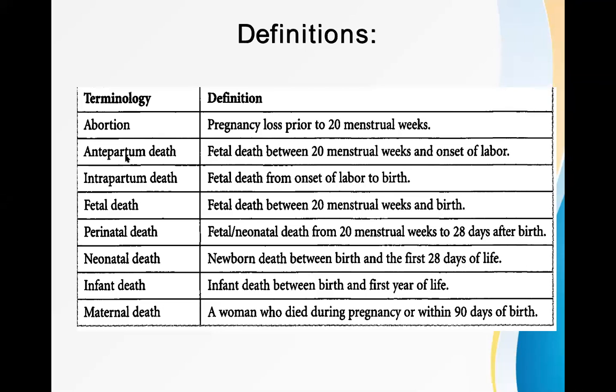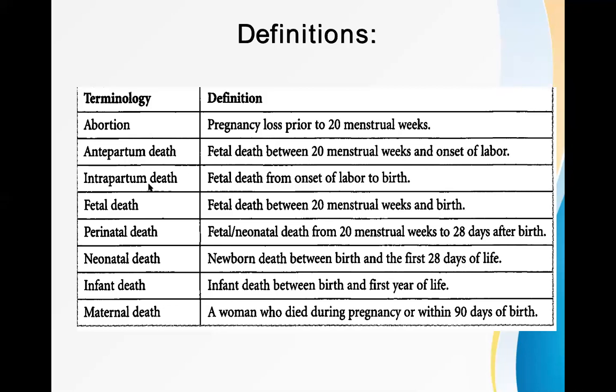So, if a baby dies inside the uterus after 20 menstrual weeks, but before the onset of labor, this is called antepartum death. So fetal death between 20 menstrual weeks and onset of labor is called antepartum death. This is one of the very common causes of stillbirth.